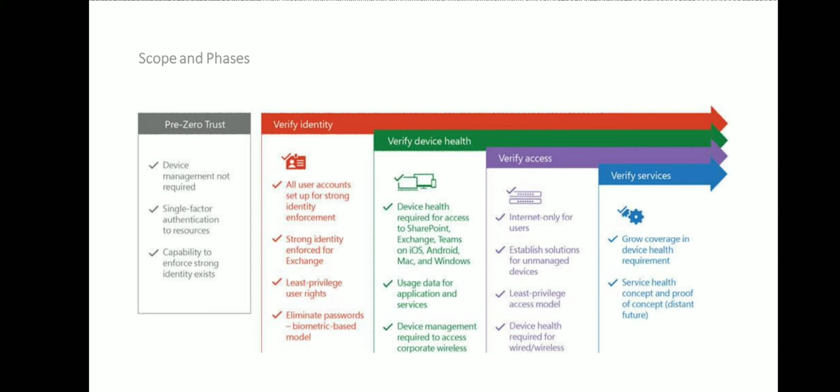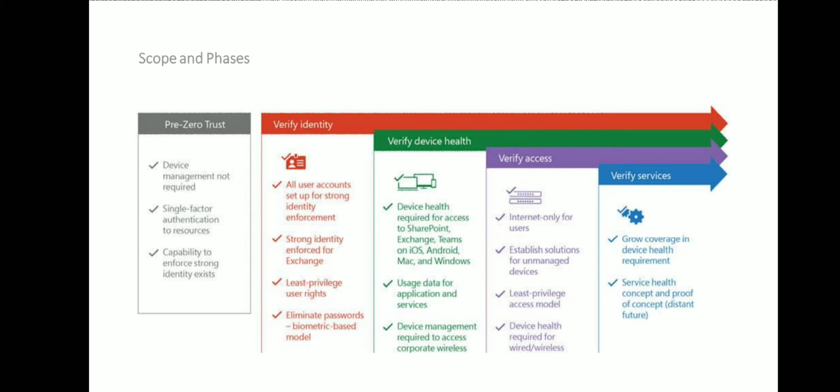If you look at this slide deck, it is a very structured and organized scope and phases, showing what are the different items that you need to have in different phases. In terms of identity, you can put a strong identity enforced for Exchange, least privilege user rights. Similarly, all user accounts set up for strong identity enforcement.